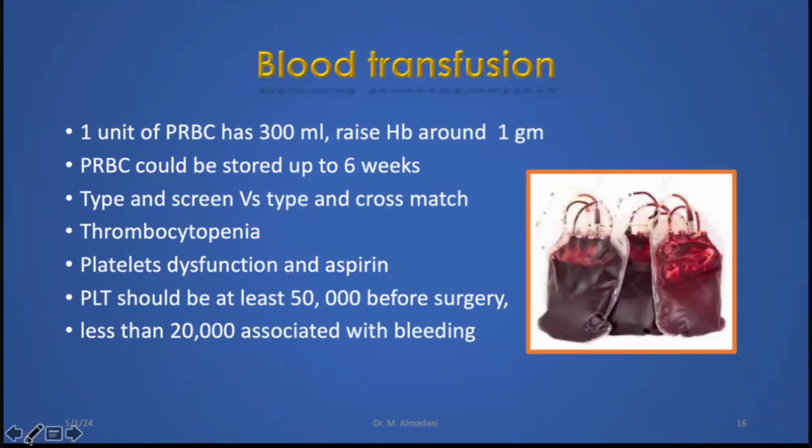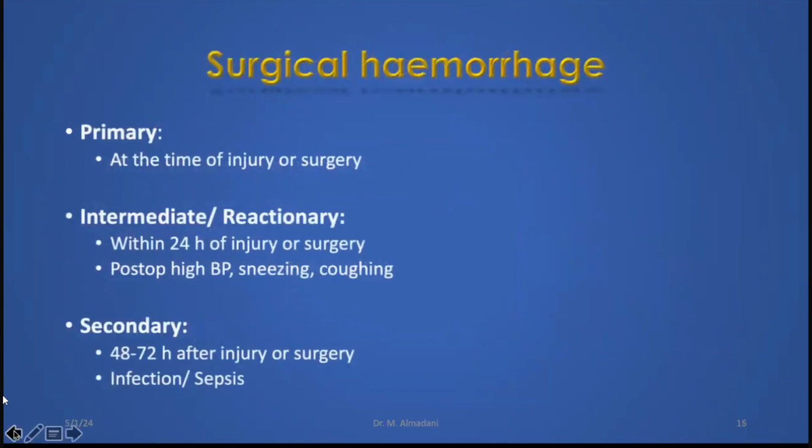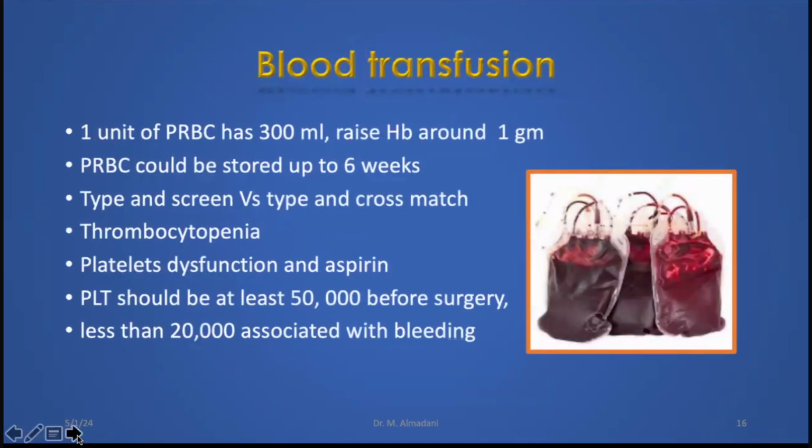So blood transfusion. Each unit of packed RBCs, do you think that it's 1 liter, 500, 300, 100 ml? What is the volume of each unit of packed RBC? You must know that it's 300 ml. And each unit of packed RBCs will raise the hemoglobin around 1 gram. Suppose that the patient has a hemoglobin of 7.